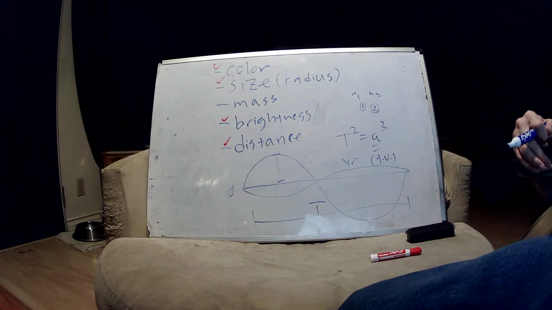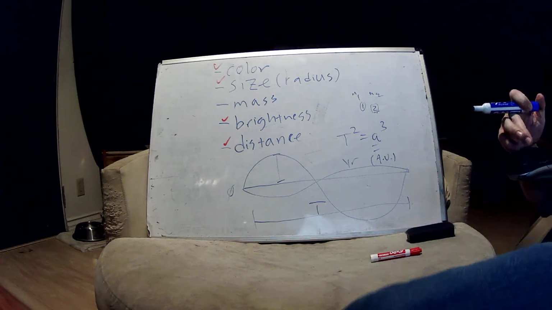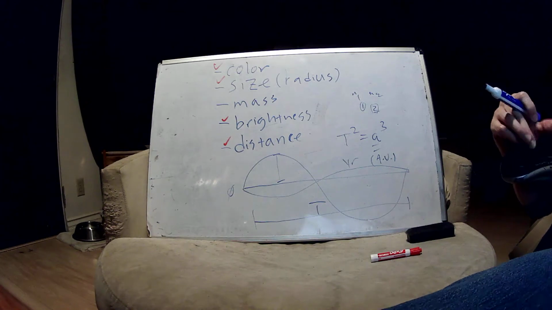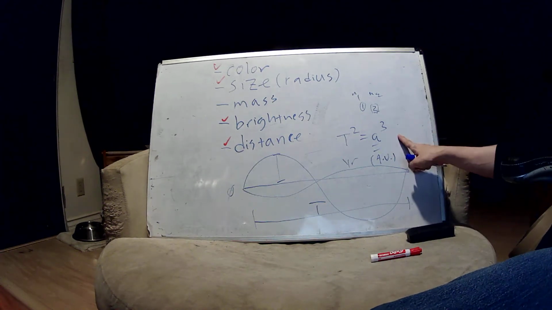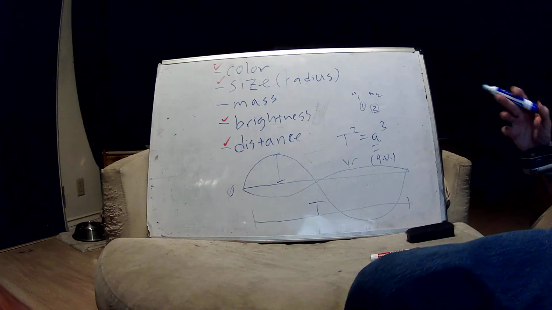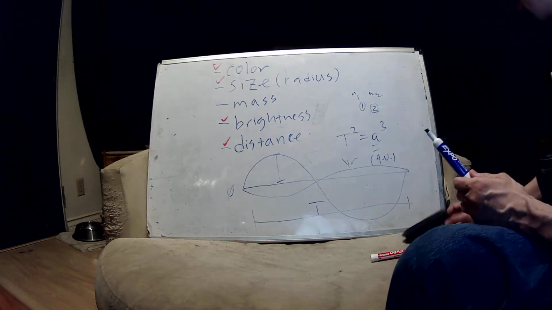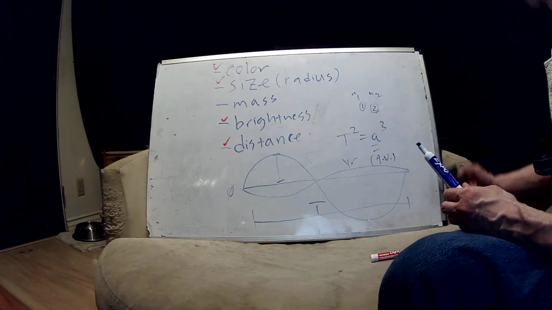Okay? Now normally, in astrophysics, we don't write the equations this way. We usually use this funny quantity called the mean motion.